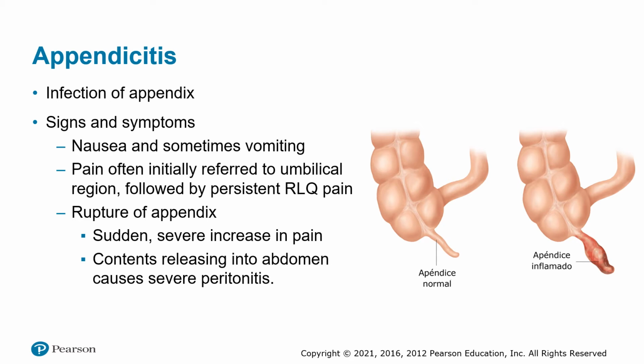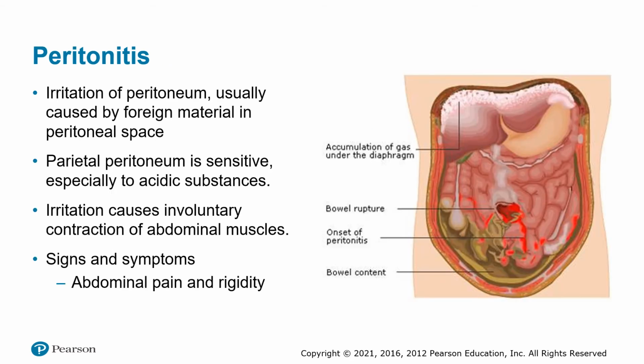It can cause nausea and vomiting, and pain, which is sometimes referred to the umbilical region. It is followed by persistent right lower quadrant pain. If you have a rupture of the appendix, it is a sudden, severe increase in pain, and then the contents spill over into the abdomen, and this causes peritonitis.